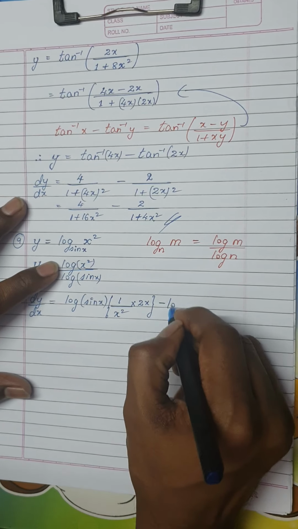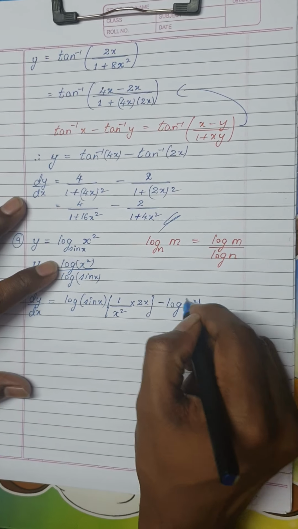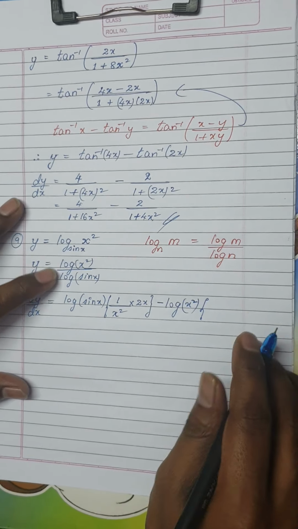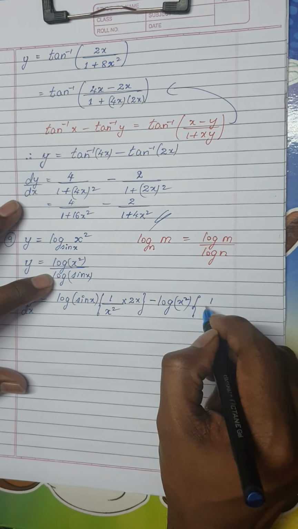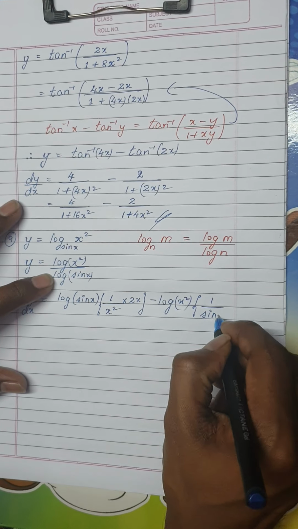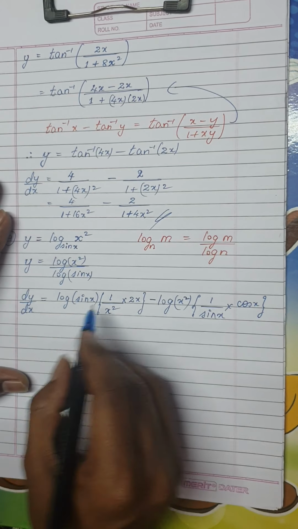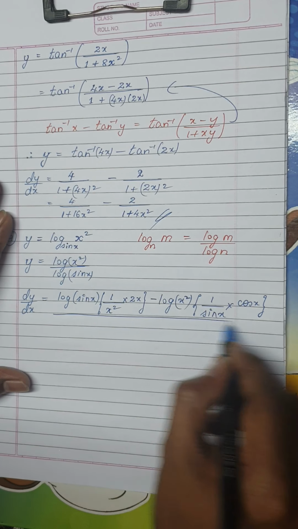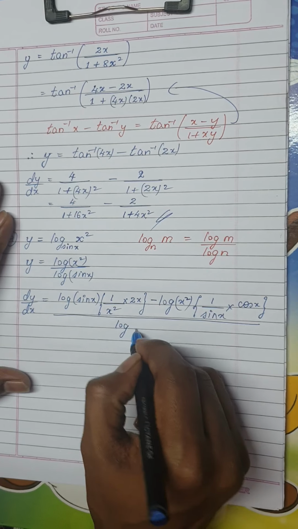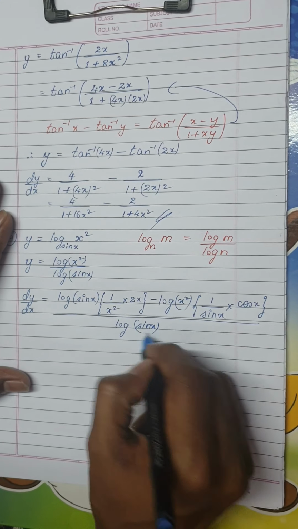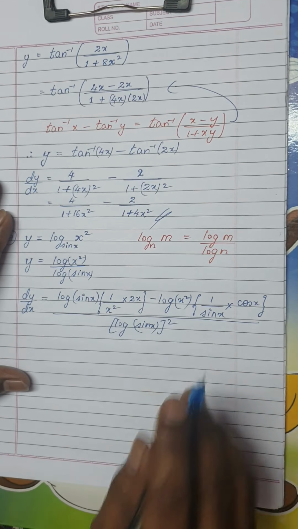Now keep log of x square as it is and differentiate log of sin x. The derivative of log of sin x is 1 by sin x into the derivative of sin, which is cos x, whole divided by (log of sin x) whole square.